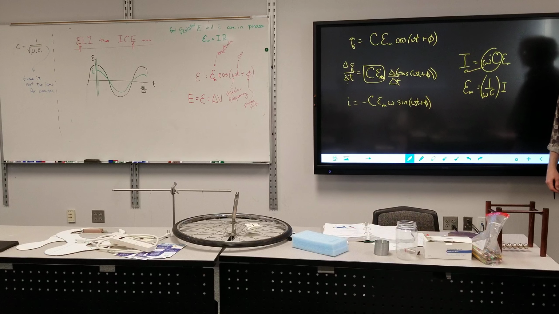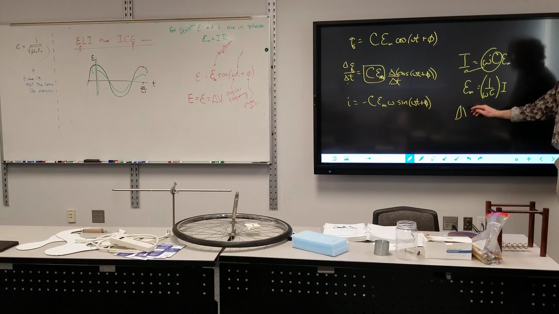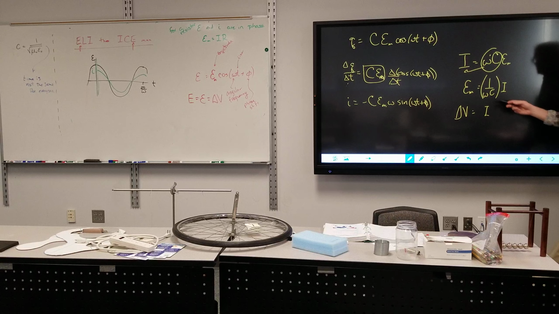All right, there are a couple things coming out of this. Number one, I have delta V, my voltage, equal to current times something. I know Ohm's law, delta V equals IR, but this isn't really a resistance.